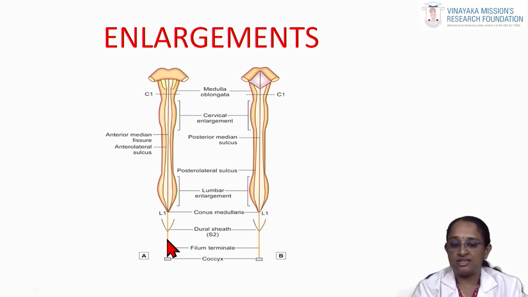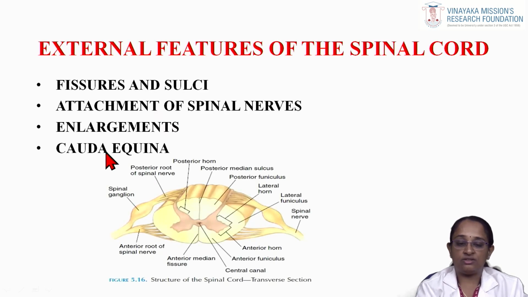So that region we say as cauda equina. That is what is written, cauda equina. It is nothing but the spinal nerve fibers starting from L2 to L5, S1 to S5 and coccyx 1. These form the cauda equina.